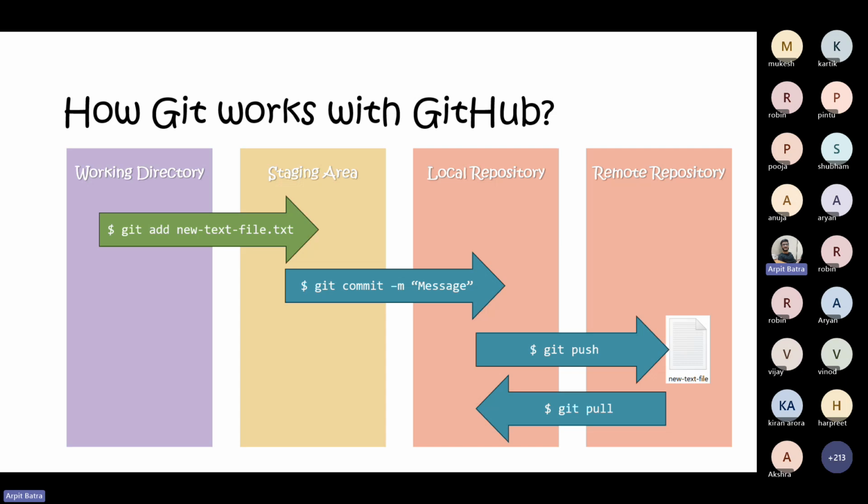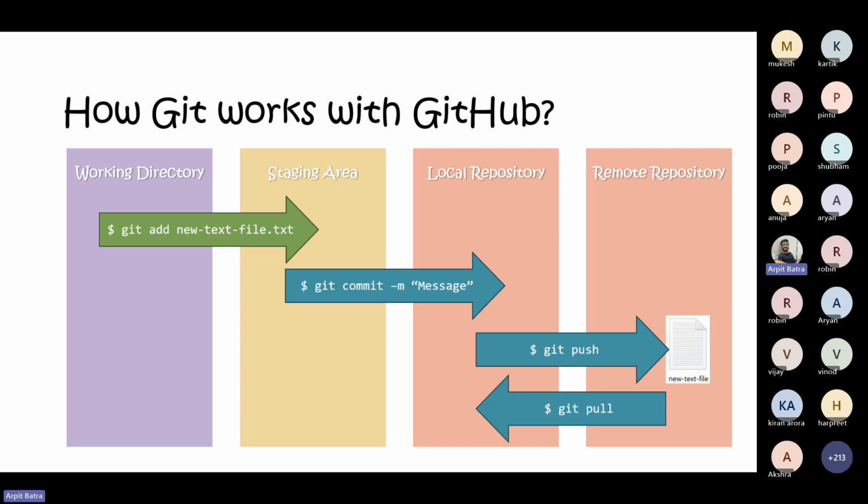The first one is the working directory: the files you are currently working on, you can modify these files freely, and they are not yet being tracked by Git. Next, we have the staging area. It is a temporary space where Git stores the changes before committing them. When we add a file using git add, it moves to the staging area, as you can see in the presentation.